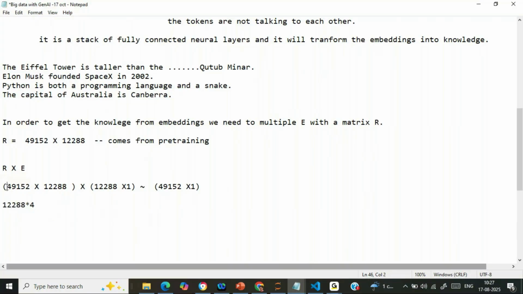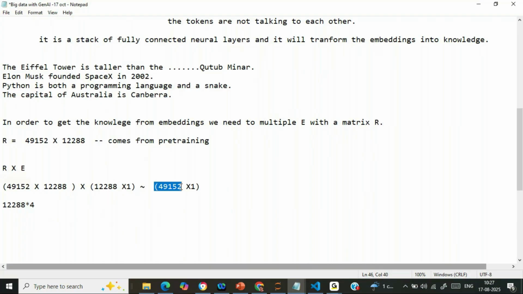This is in order to convert the features from lower dimension to higher dimension. So 12288 is the lower dimension, and we are converting it to the higher dimension, 49152.